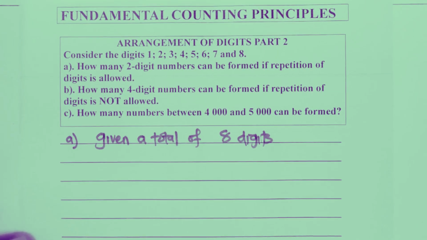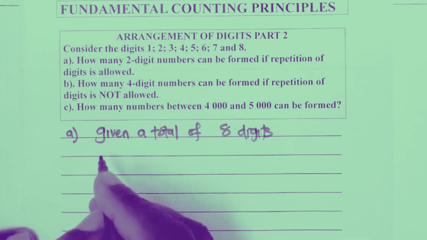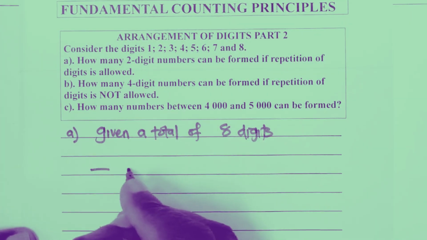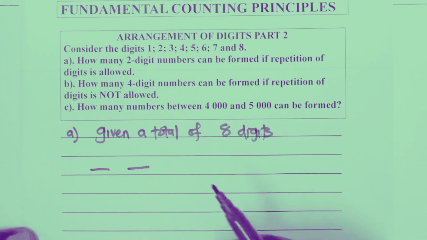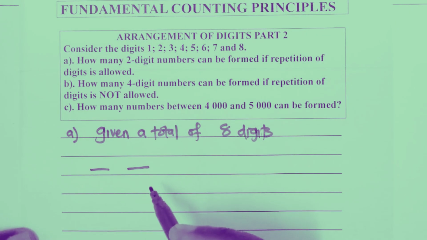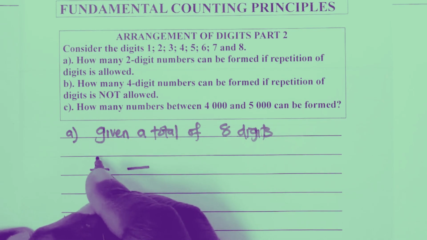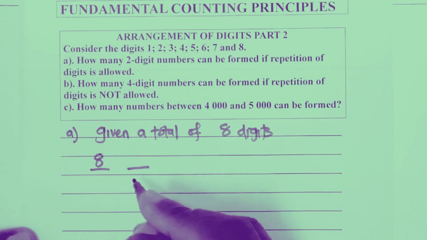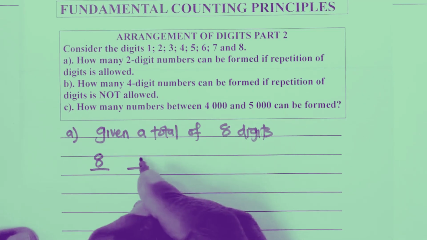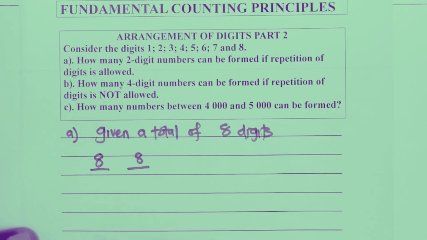If we need to form a two-digit number, we need two positions, 1, 2. And then they say here, repetition of digits is allowed. So if repetition is allowed, the first position is going to be 8 ways, and then the second position is also going to be 8 ways.